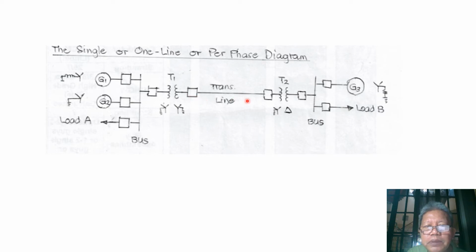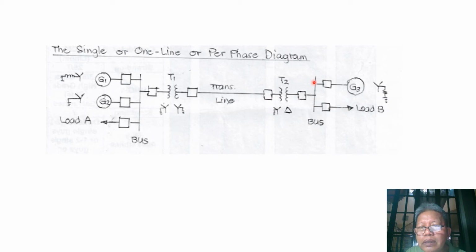Then we have transmission lines going to the far side, where at the end we have another transformer 2 which is Y delta connected. Y is grounded on the high side and delta on the low voltage side. And transformer 2 is protected by these two breakers at both sides.